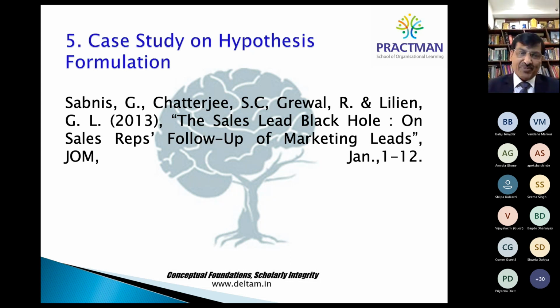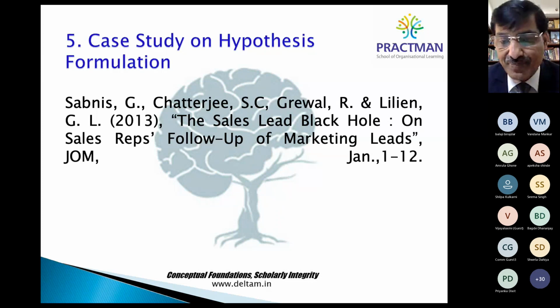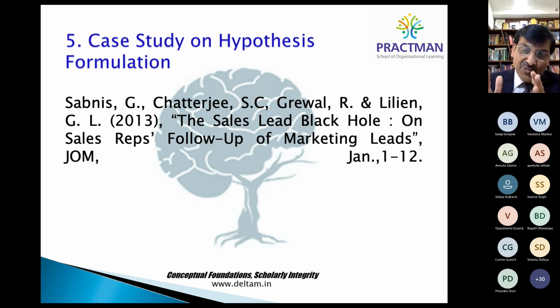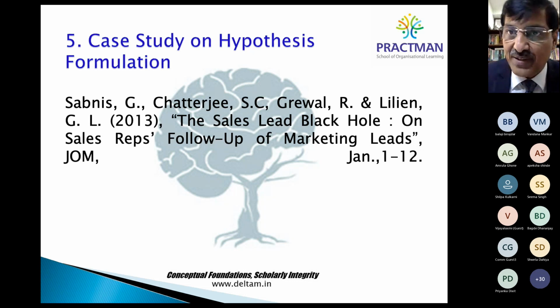This research paper deals with a very peculiar phenomenon. The phenomenon is this: in some B2B companies, companies which are into industrial marketing, selling products which are bought by industries, the authors found that when these companies have a marketing department, this marketing department generates certain leads of prospective buyers, and they pass on these leads to the sales department.